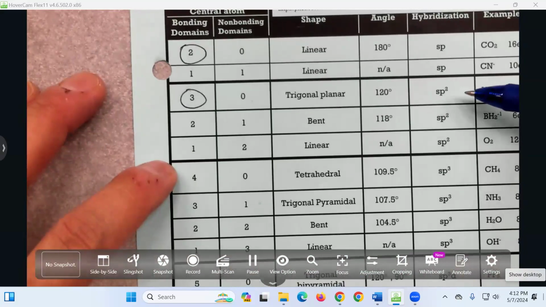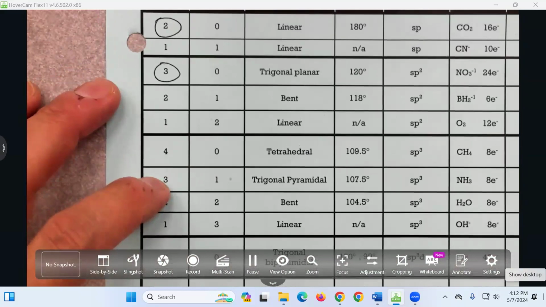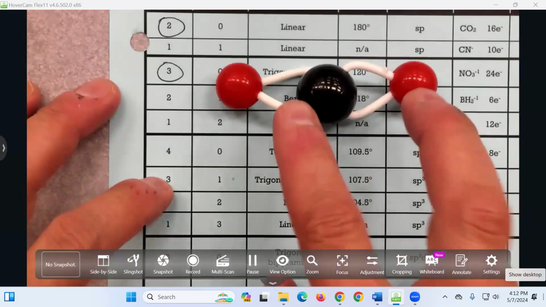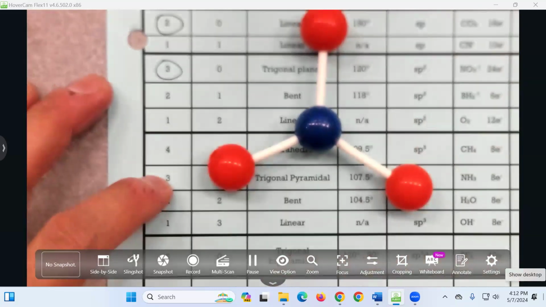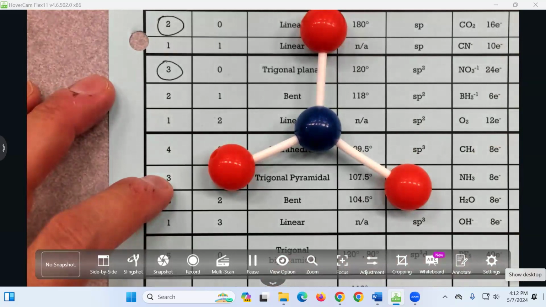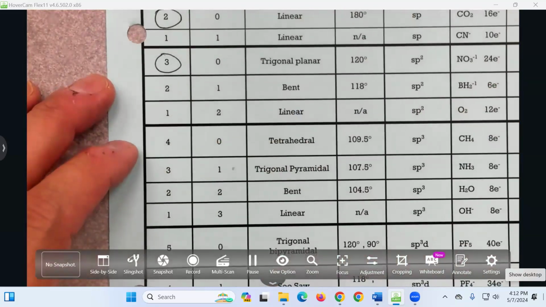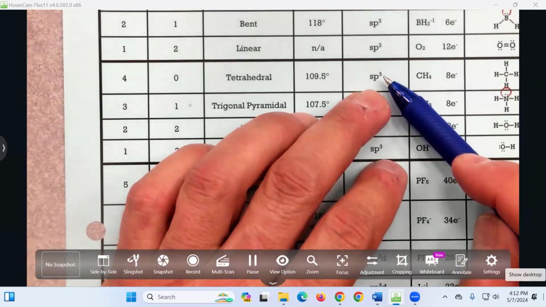We're going to look at videos on that. And we know that this would be linear. 2-0, yes. We know that this is trigonal planar. This is trigonal planar.